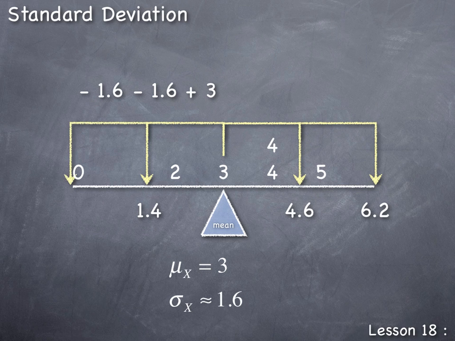A second standard deviation kind of puts you towards the end. So if you do two standard deviations below the mean, that would be 3 minus 1.6 once, minus 1.6 twice, you get a score of -0.2, and the -0.2 score goes beyond the 0, which was the minimum score.